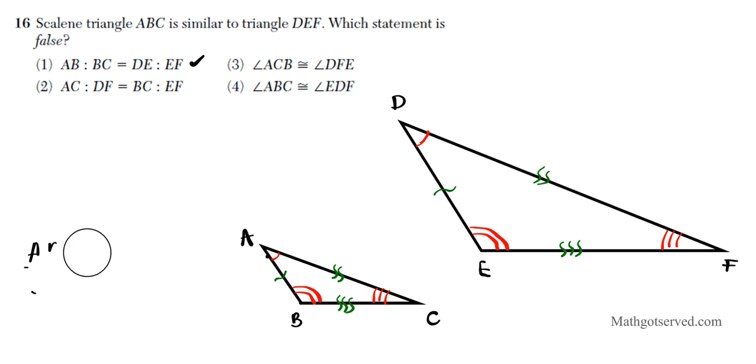AC over DF is equal to BC over EF. AC is side 2 on the small triangle over DF, which is side 2 on the big triangle.